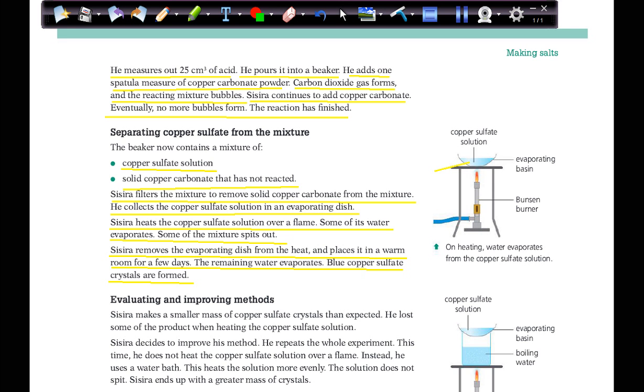If we want to get the crystals, we need to keep it calm, so it evaporates very slowly. And of course we cannot leave the source of heat on for days like a weak flame. No, in this case we have to heat the mixture until at least half of the solution evaporates. Then we need to take it to a warm room to complete the evaporation slowly. After a few days we will see crystals formed.